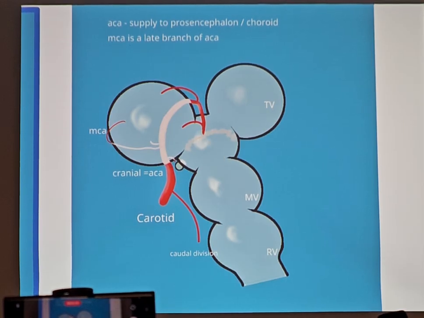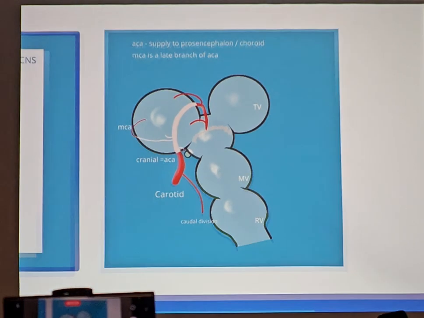That's what's driving the development of the vessels. Thereafter, as the brain starts to develop, the vessels develop in a secondary way, and that's why the middle cerebral artery ends up being so big, and the anterior cerebral develops a big cortical territory, because the brain develops and it needs more blood supply.